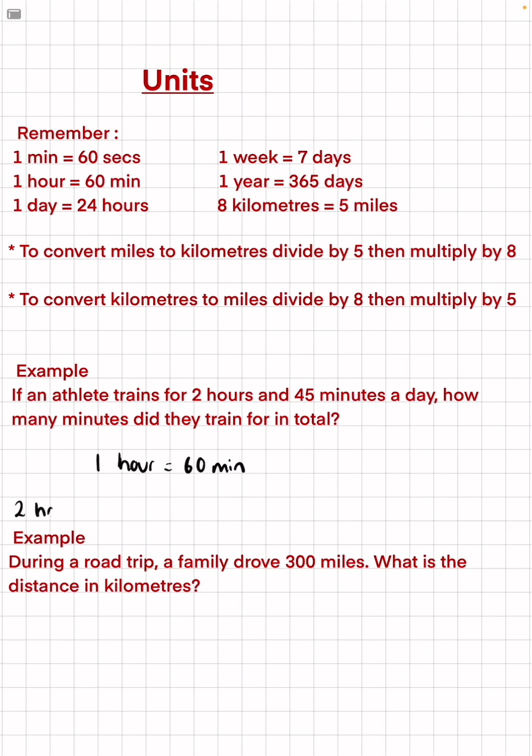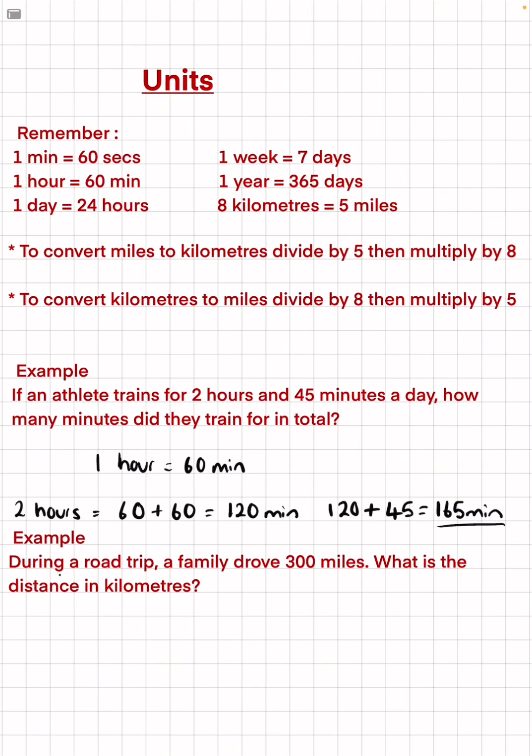Two hours equals 60, add 60, which is 120 minutes. We can now add 120 to 45, which equals 165 minutes. So the athlete trained for 165 minutes in total.